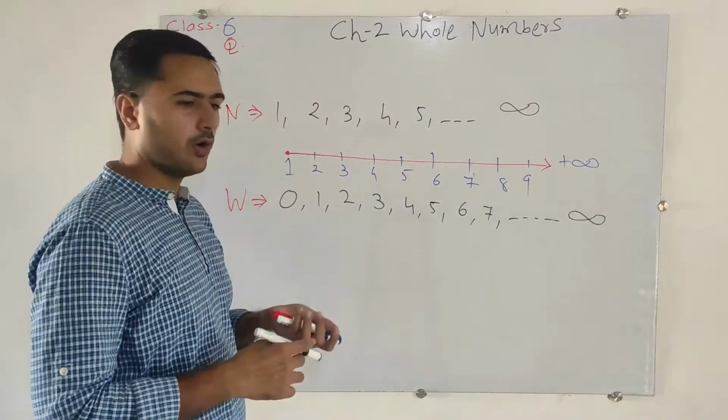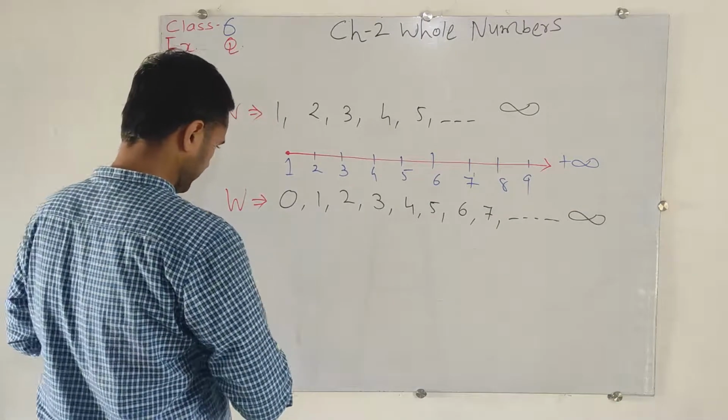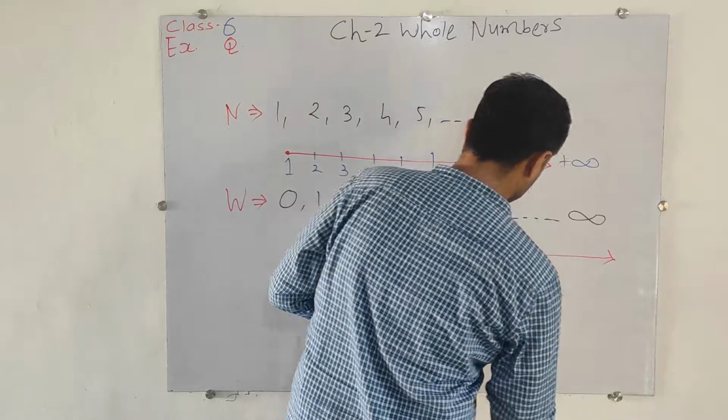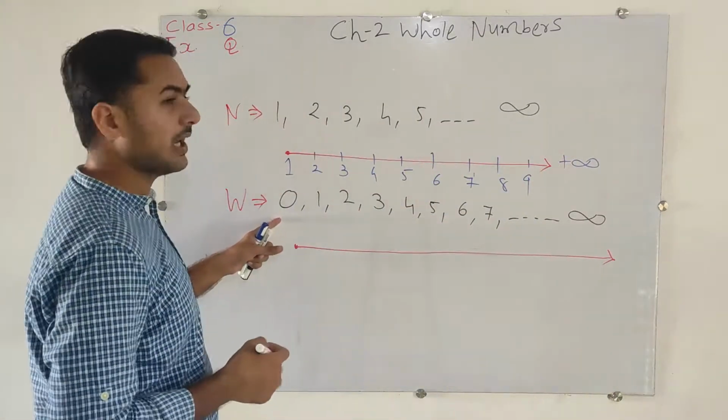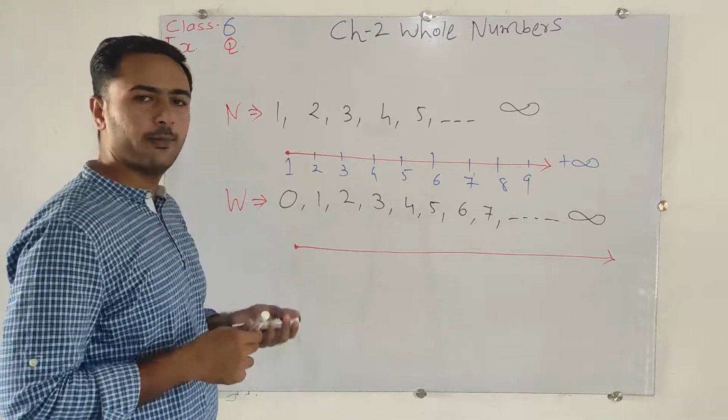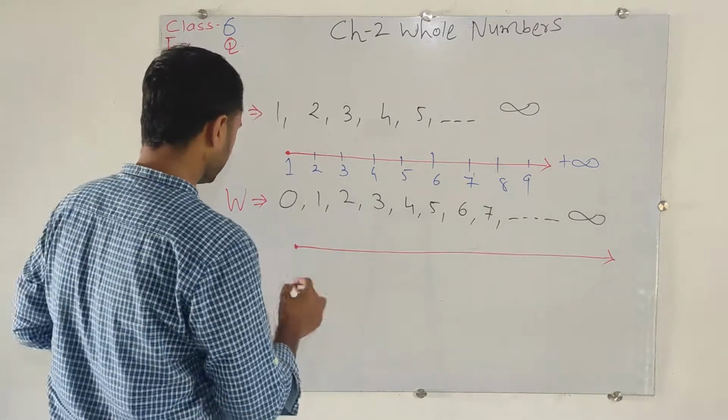Now the number line for the whole number. Here I will start from 0, because whole numbers start from 0.